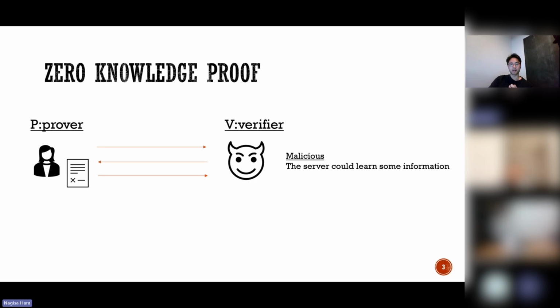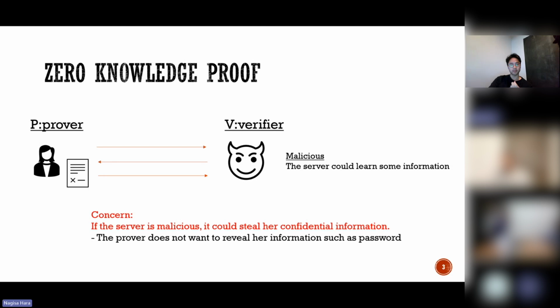So a malicious verifier might pretend to be a good verifier, interact with the prover, and steal your information. So now we have the concern. If the verifier is malicious, then the verifier could steal your confidential information. In other words, the prover doesn't want to reveal her information, for example, a password or credential information. So zero knowledge is such a security condition to prevent this situation.